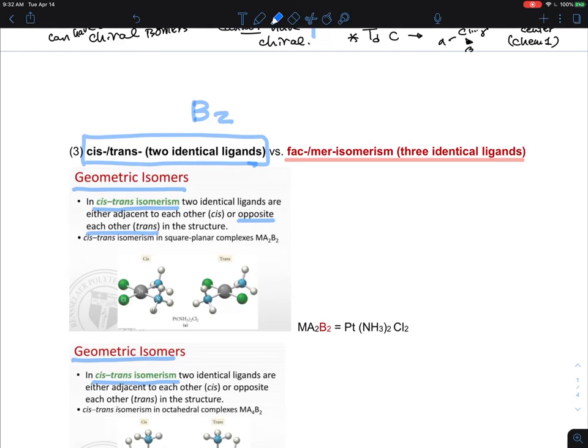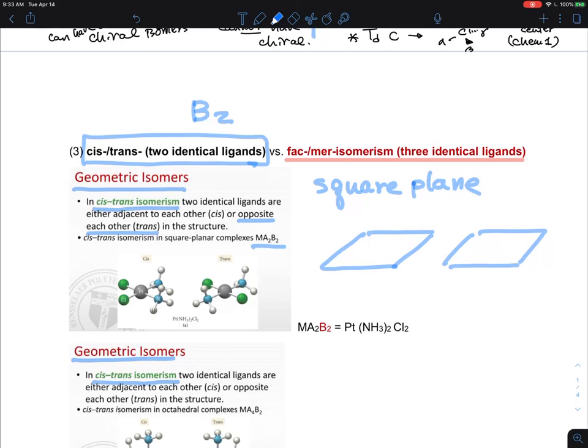And the 2 ligands are possible for the case of what they call square planar. Square planar means it's just like this square, and you can think about the metal ion sitting in the center, right?